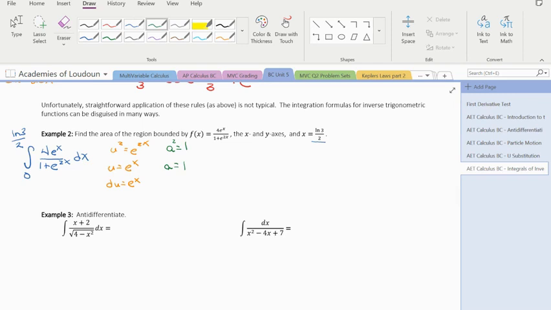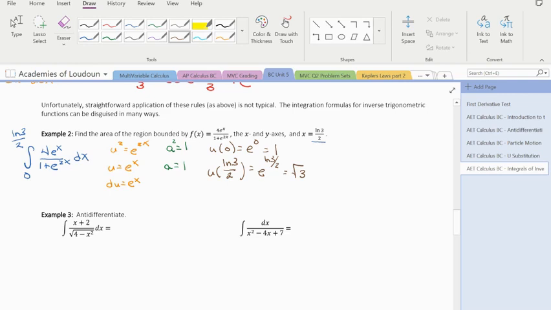Now, we do have the special case where we are going to change our limits of integration. So we have that u of 0 is going to be e to the 0, which is 1. And u of the natural log of 3 over 2 is going to be e to the natural log of 3 over 2, which is simply going to be the square root of 3.